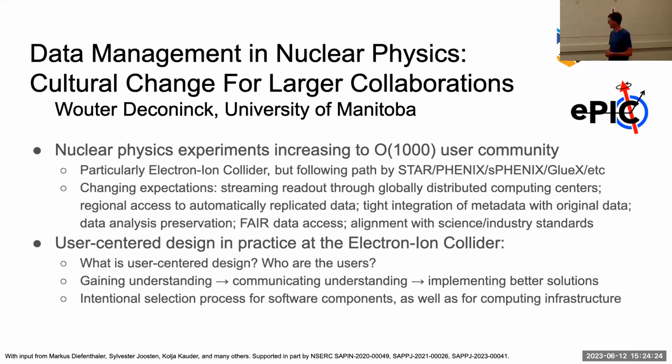There are big data centers that have to be built to support some of EIC, in particular abroad, and there's even middleware and backend server software that needs to be decided upon. But in the end, that has to start from what is going to help us in user-centered design.